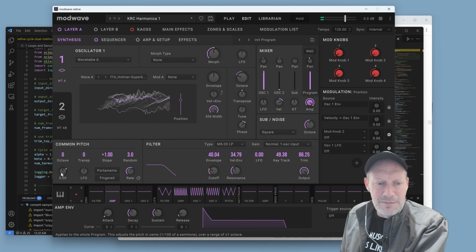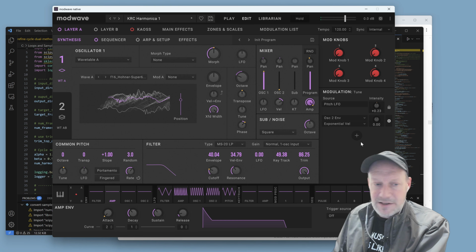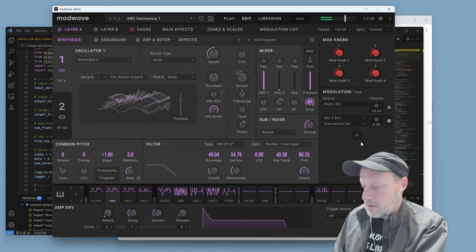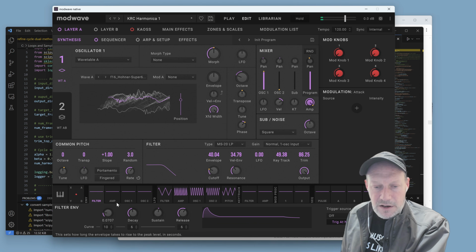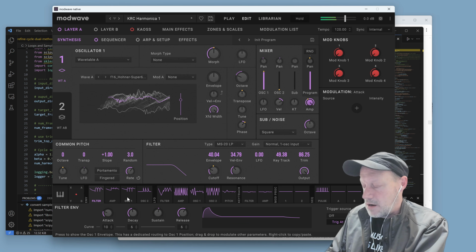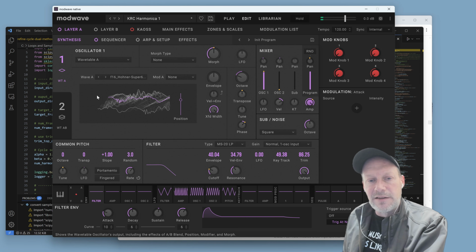Also, it looks like I'm doing something to the pitch, huh? Yeah. We don't need the pitch modulation on there. Let's see, give more attack on the filter. There we go. And that starts to sound a little square wavy, right?